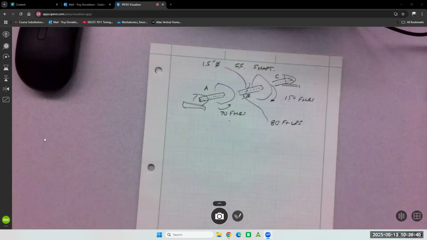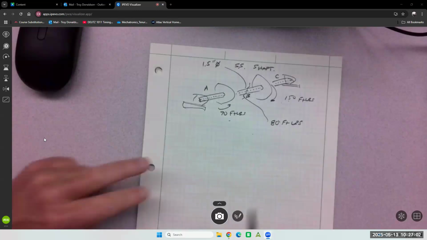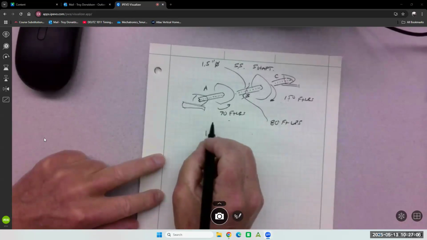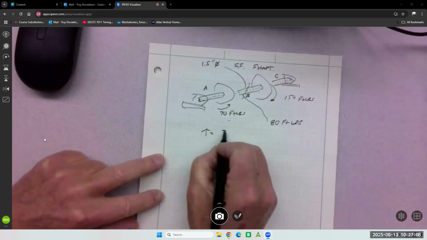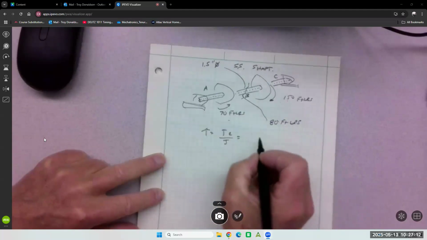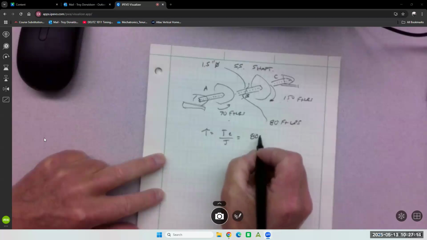Even if they're going in two different directions, then you have to think about like, oh, one's just going harder than the other one, same kind of thing, right? All right, so let's calculate this. Torsion equals TC over J. Torque is 80 foot-pounds.